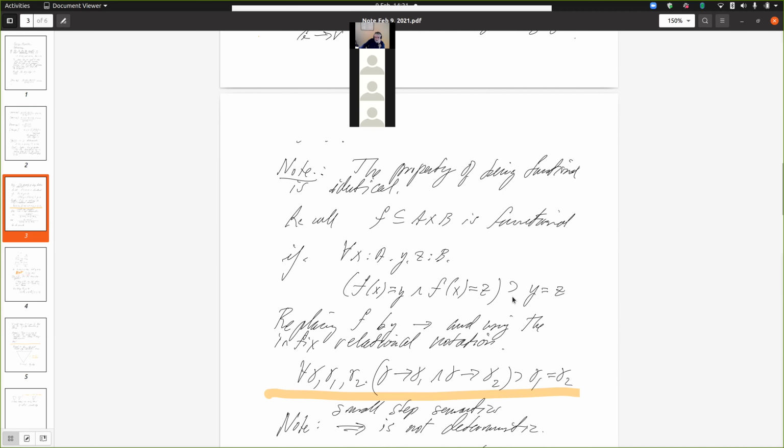If we take this definition and replace f by the arrow notation, and instead of using the infix relational notation, instead of writing f of x equals y, we would write x f y, or here with the arrow notation, if we have three configurations, we say gamma goes to gamma 1 and gamma goes to gamma 2 by the big step transition relation, that implies gamma 1 equals gamma 2.